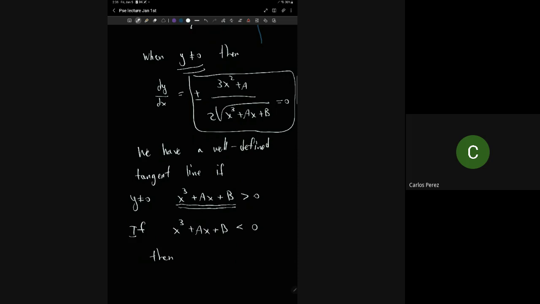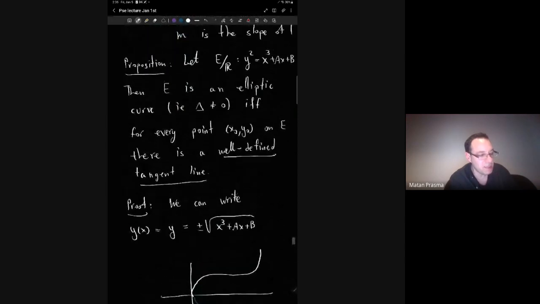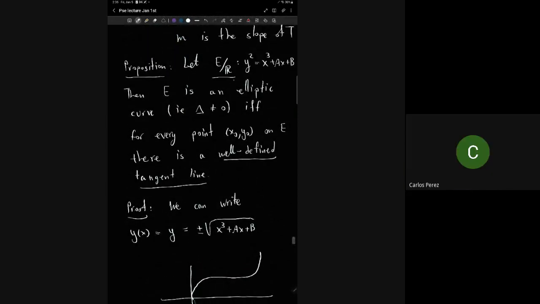Because we are in a prime field where we have a modulus and we go from 0 to p. No, the entire proposition is over the real numbers. Oh, fair enough. Okay, apologies.